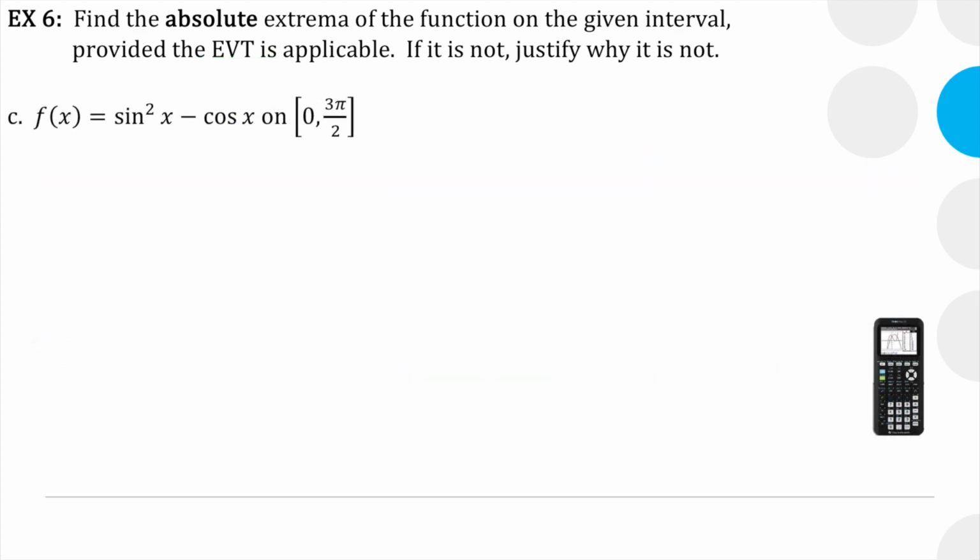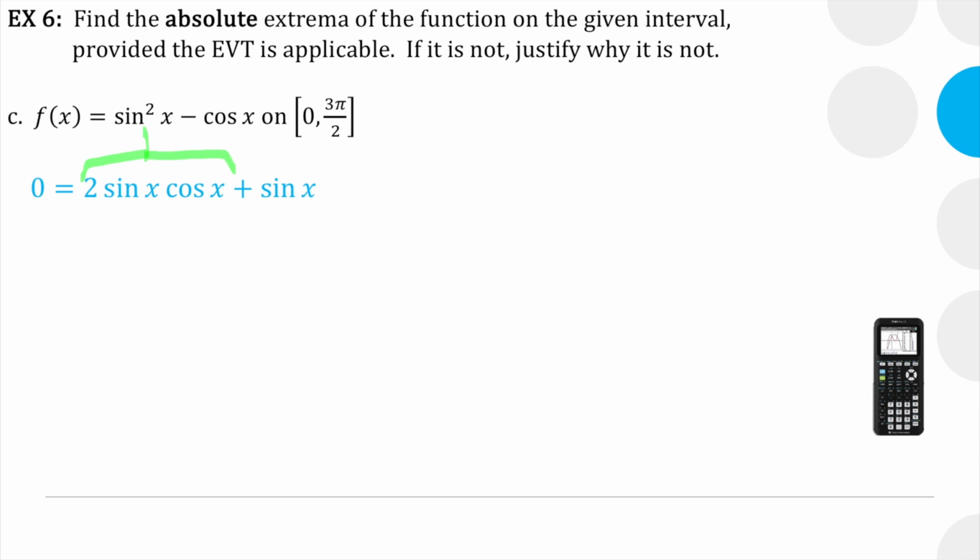Next one, sine squared x minus cosine x on 0 to 3 pi over 2. That's continuous and differentiable. So we will take the derivative and set it equal to 0. Got the chain rule on this one.